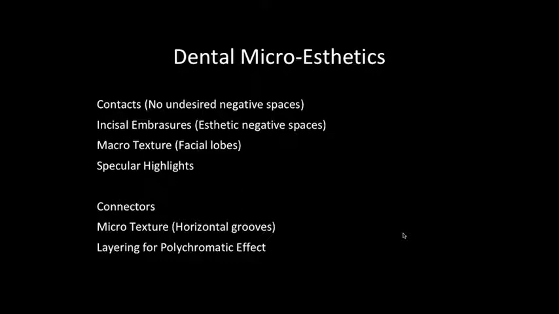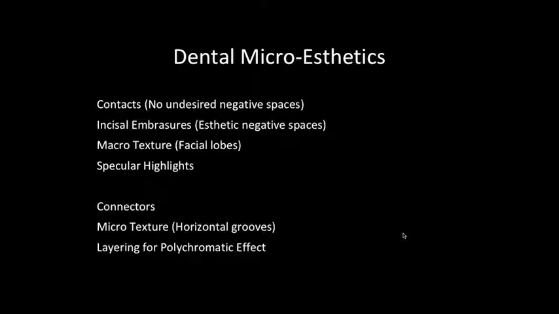The connectors, we just talked about: the progression of the length of the contacts from 50 to 40 to 30 as we move away from the midline. And then microtexture, where a lot of clinicians like to mimic the perikymata that you see on natural enamel, the little horizontal grooves, usually in the cervical third to half of the tooth.